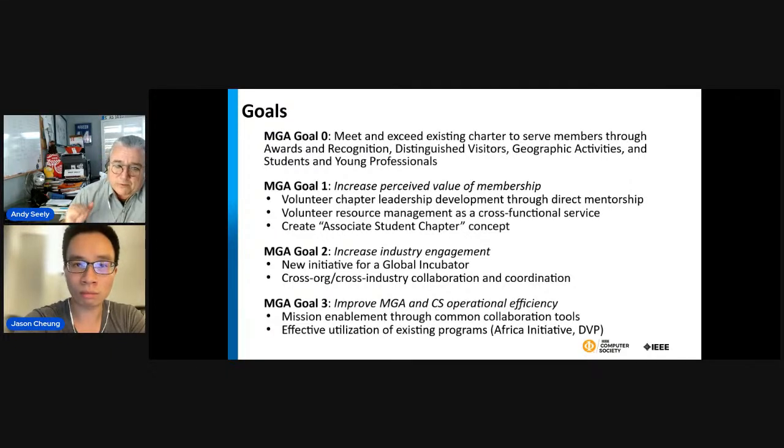Our first goal after that is to increase the perceived value of membership. This is a classic tale of a volunteer society like the Computer Society: people who join it and are members for a long time feel like there's value, but they struggle to convey that value to new members, and new members have a lot of choices to make on what societies they would join, if any, and why they would spend money that they could spend on something else.